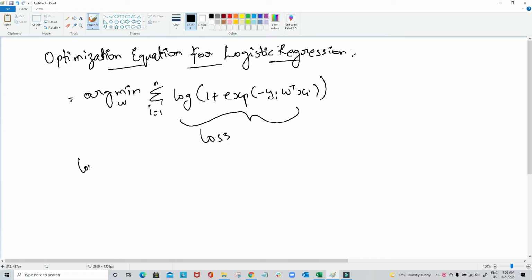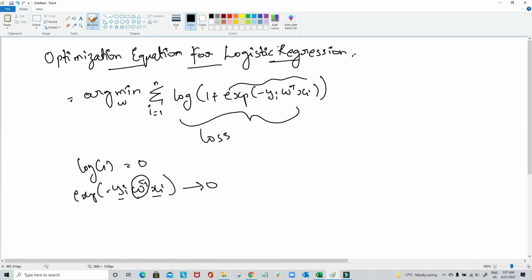We know log 1 is 0, and obviously the minimum value would be attained if this tends to 0, when exp of minus yi w transpose xi tends to 0. And we know the values yi and xi are constant, so only w transpose xi can make this tend to 0, and this happens only when w tends to infinity.